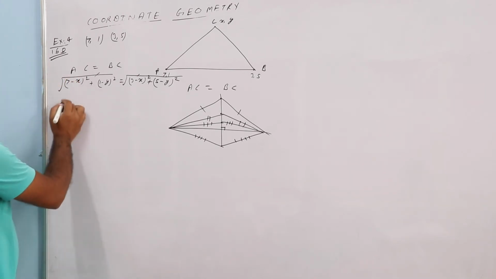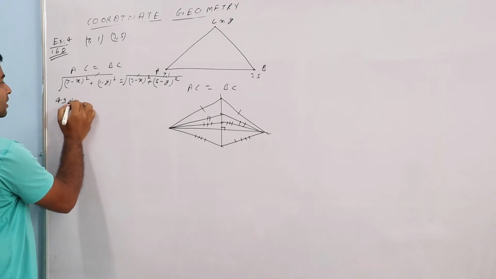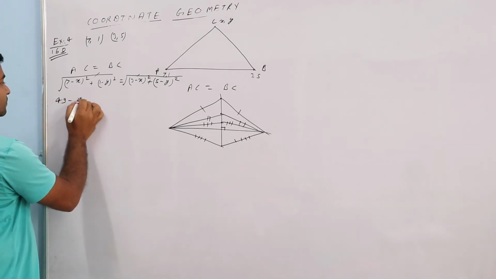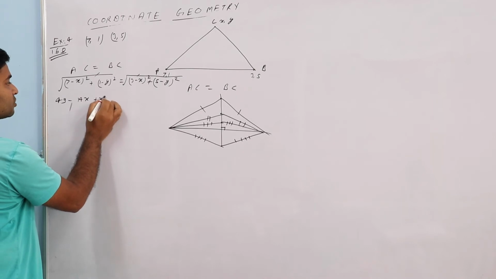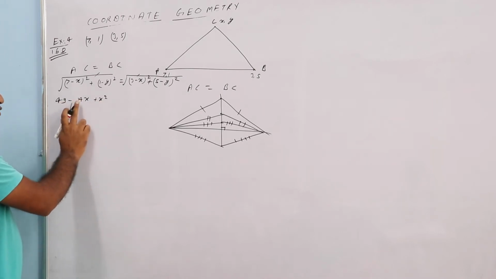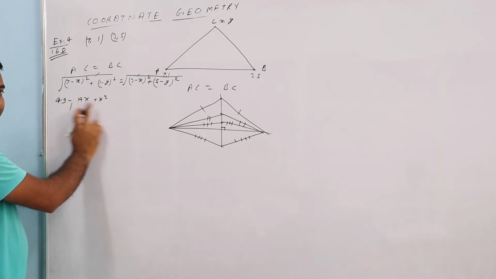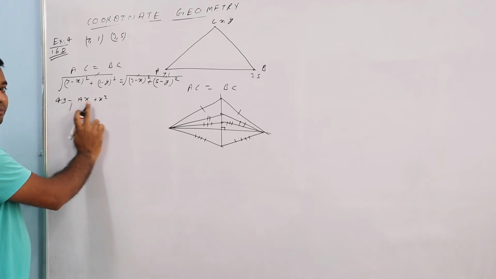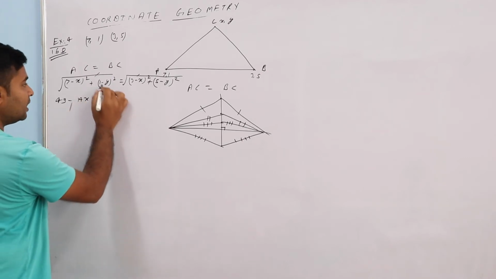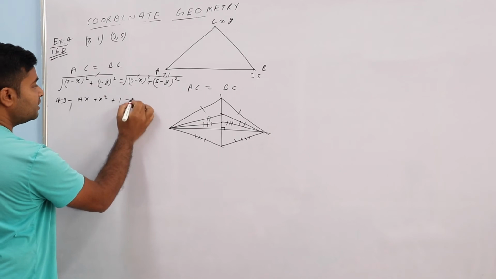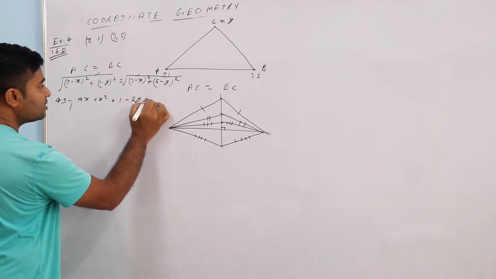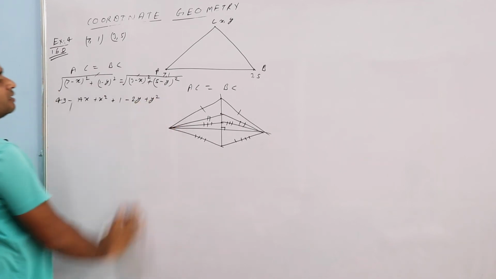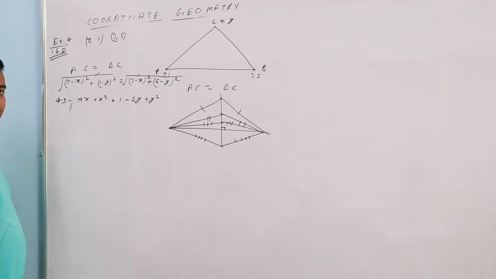So see, 7 square is 49 minus 14x plus x square. A square minus 2ab plus b square. Again a square minus 2ab plus b square, plus b square.